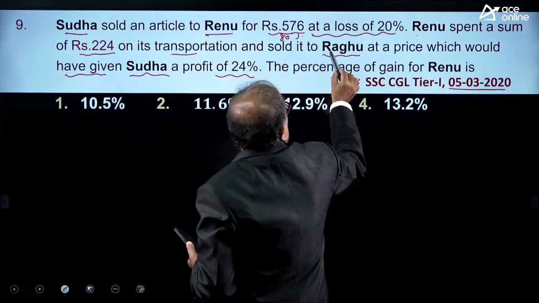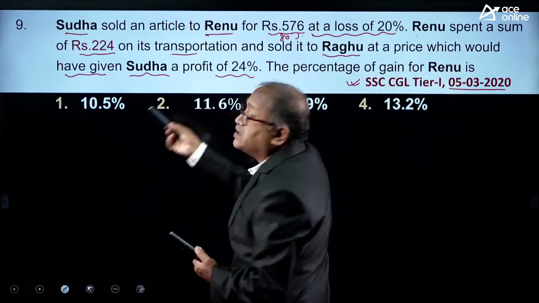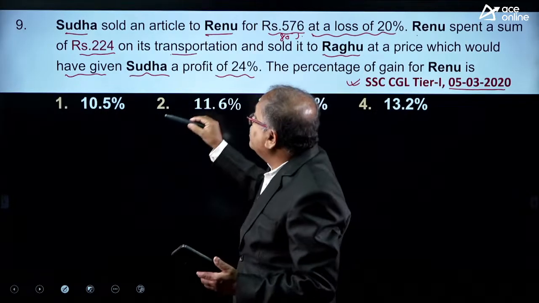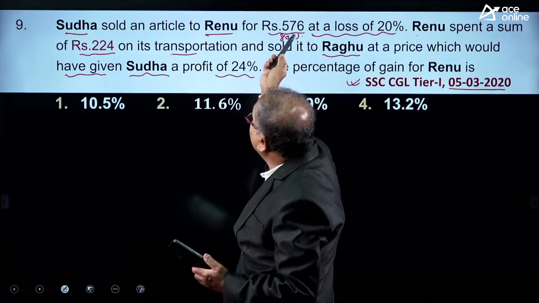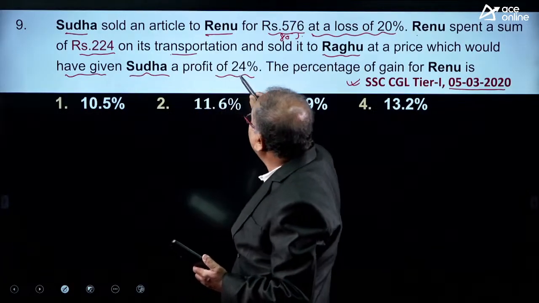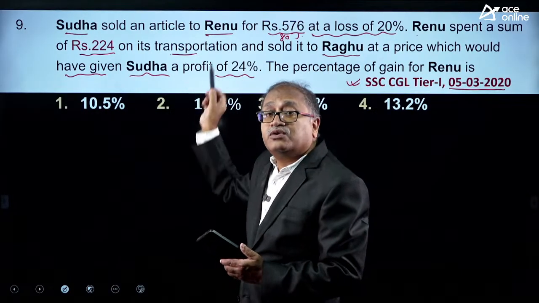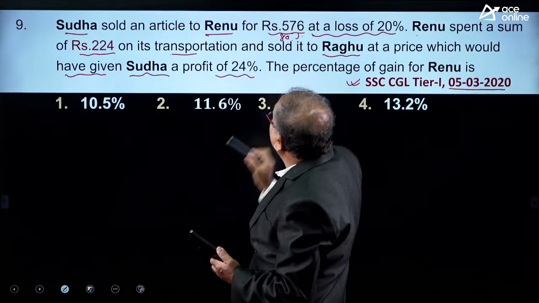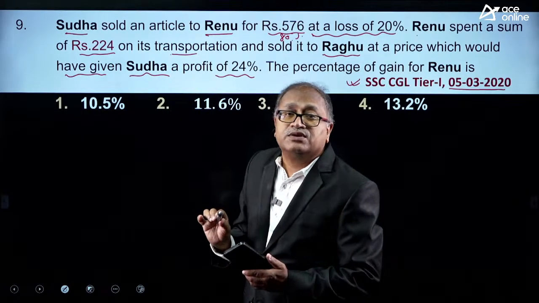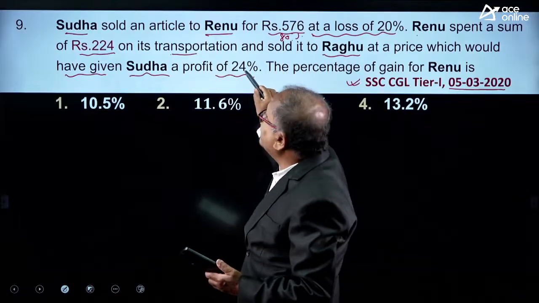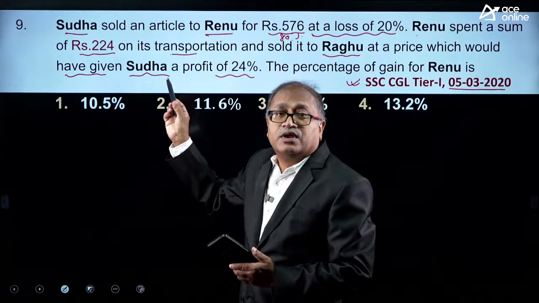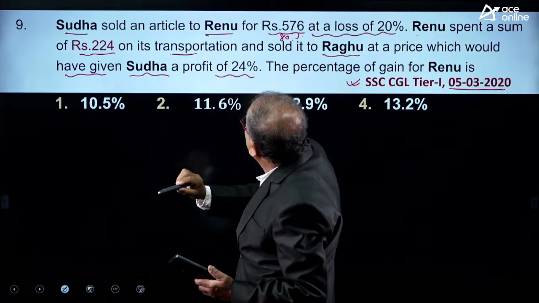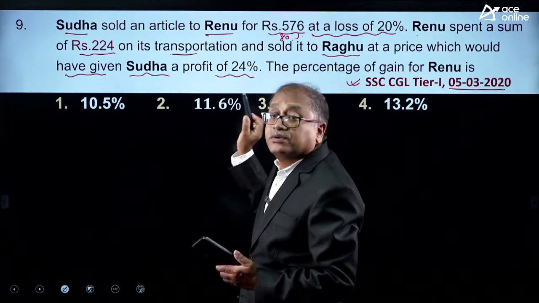So the amount spent on transportation is not directly given. That amount is equal to Sudha's 24% profit. But I only know Sudha's 80% is 576. When I know 80%, I can find out 24%. I will be getting the selling price.